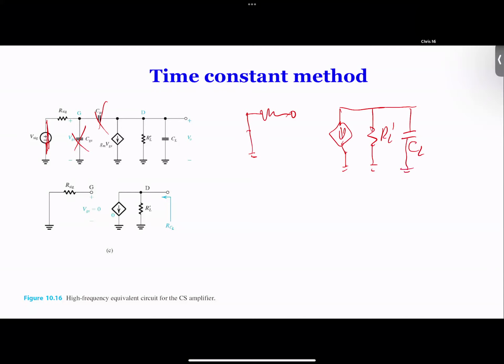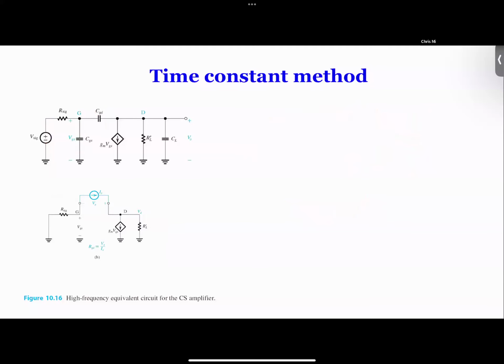The key important thing here is, how much is the current in here? gm times VGS? Yes, because you look at the circuit over here, there's no voltage source, there's no current. Therefore VGS equals 0, which basically means this is gone. If that is gone, what is the time constant over here? It basically is RL prime times CL. That's the time constant. Wow, that's really simple, right?